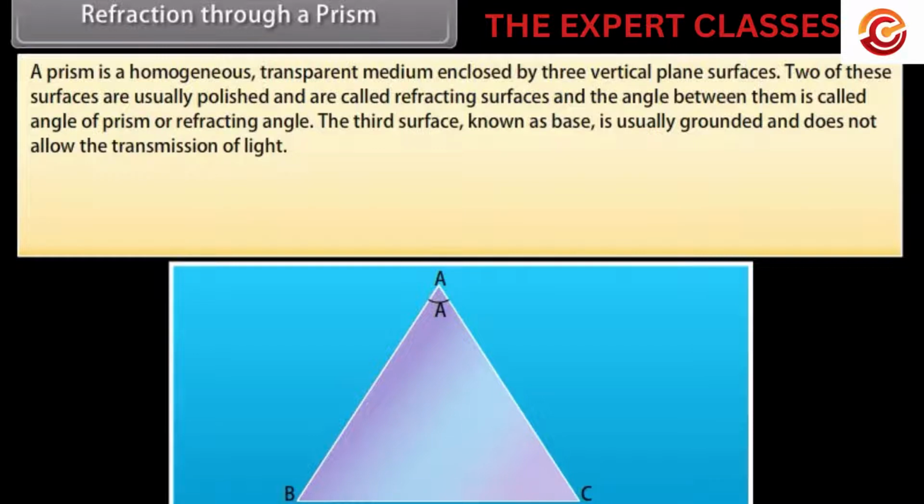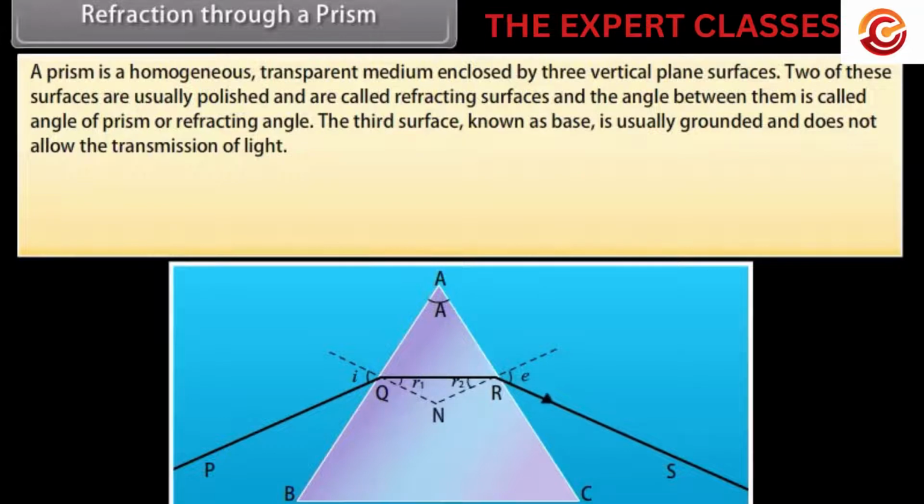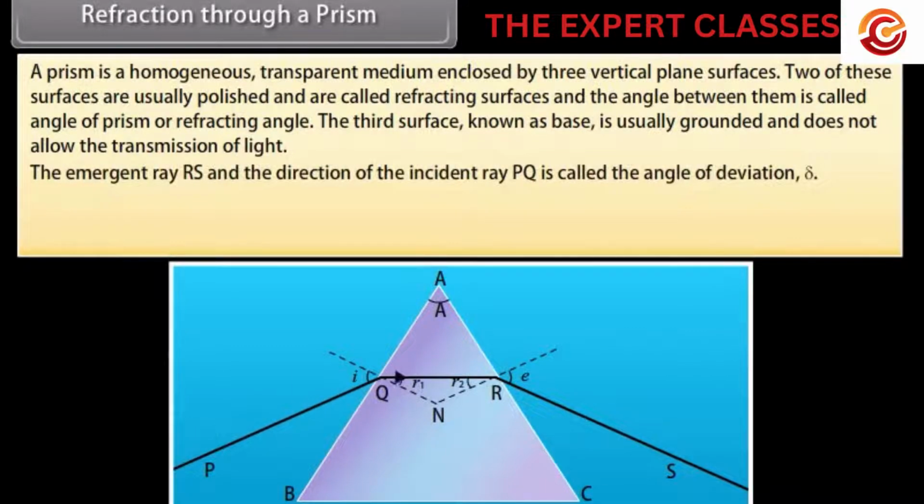Let us consider the passage of a monochromatic light ray PQ through the glass prism ABC. At surface AB, when the ray enters the glass at angle of incidence I, it bends towards the normal at Q at angle of refraction R1 and strikes the surface AC at R. The angle of incidence at surface AC is R2, and the ray emerges into air, making an angle E with the normal at R. The angle between the emergent ray RS and the direction of the incident ray PQ is called the angle of deviation delta.